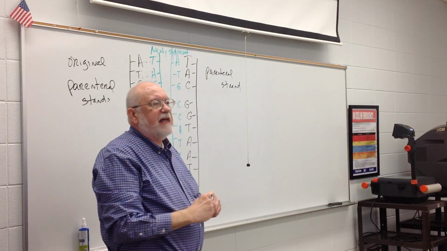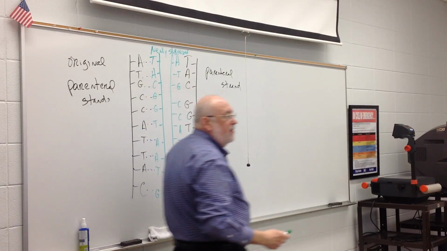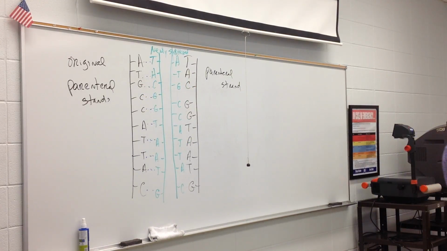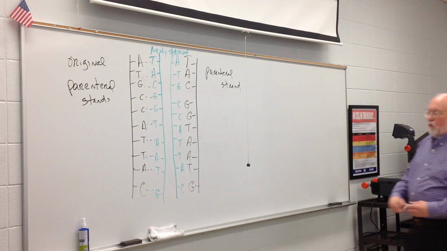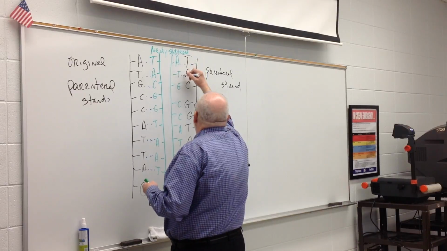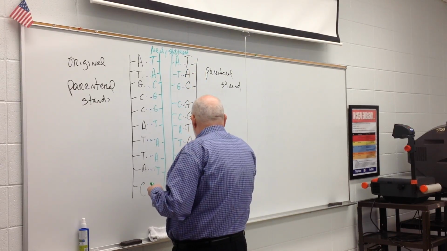And the other one is exactly the same way. I have a parental strand and I have a newly synthesized strand to go with it. And of course, let's come back, pop in our hydrogen bonds. It's all said and done.